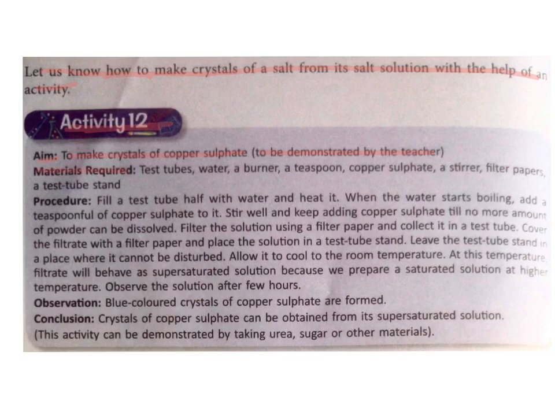Materials required: test tubes, water, a burner, a teaspoon, copper sulfate, a stirrer, filter papers, a test tube stand. Procedure: fill a test tube half with water and heat it. When the water starts boiling, add a teaspoonful of copper sulfate to it. Stir well and keep adding copper sulfate till no more powder can be dissolved.